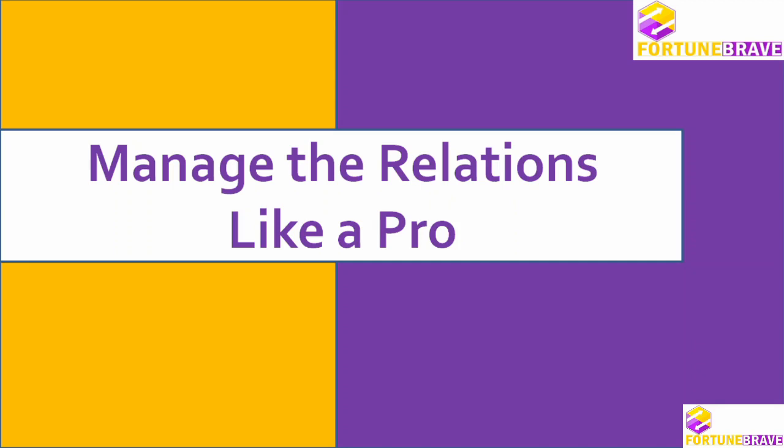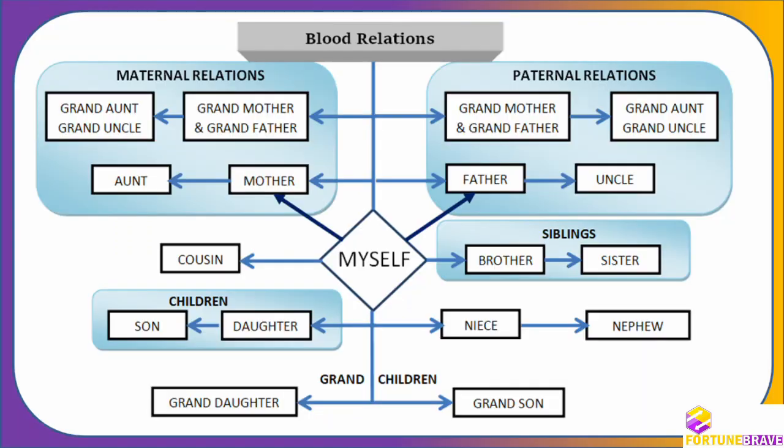Second, we are going to build the relationship chart so crisp and clear that you will be able to solve the questions 100% accurately and within very less time. If you use this method, you will be able to reduce your time by half at least. So first let us understand the relations.